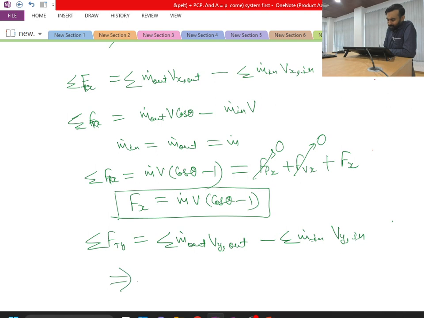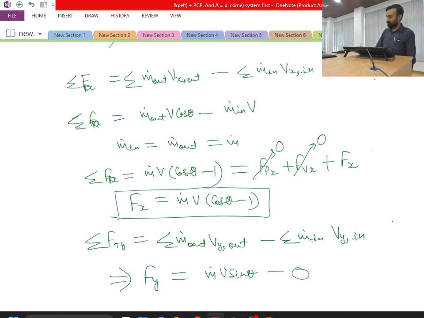So ultimately, as I told you, we are neglecting many forces. So only the force because of the vane which I will be considering, that will be Fy. So Fy will be equal to m dot, again I can take common, but I need not to, because V out is becoming V sin theta and inlet is 0. There is no inlet component of the momentum in y direction.